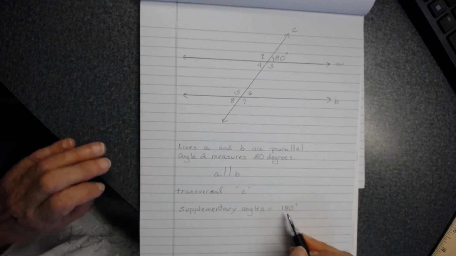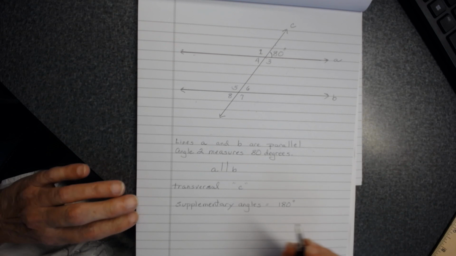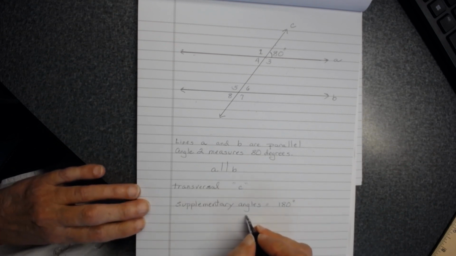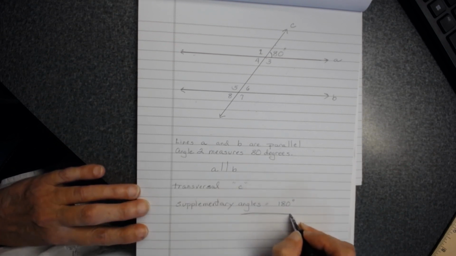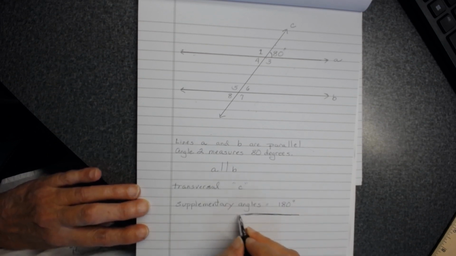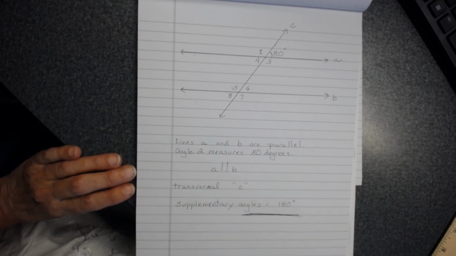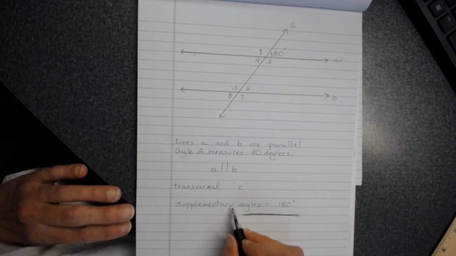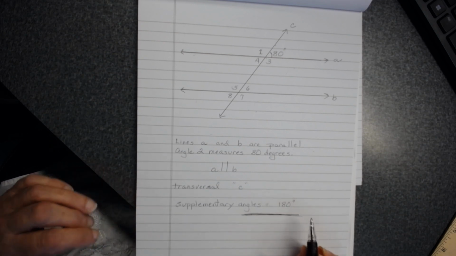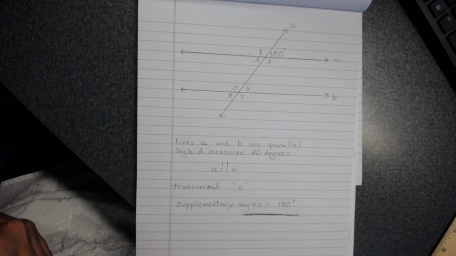Can we put a little zero right there for our degrees instead of writing it out every time? So 180 degrees is a straight line. Supplementary, supper table, a flat surface, okay? So supplementary angles are any angles that together add up to 180 degrees.